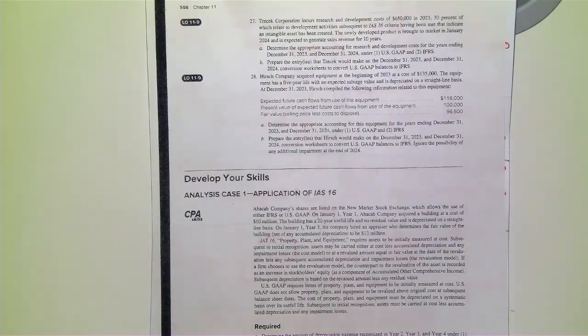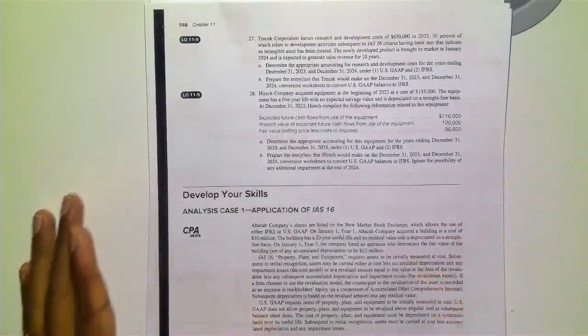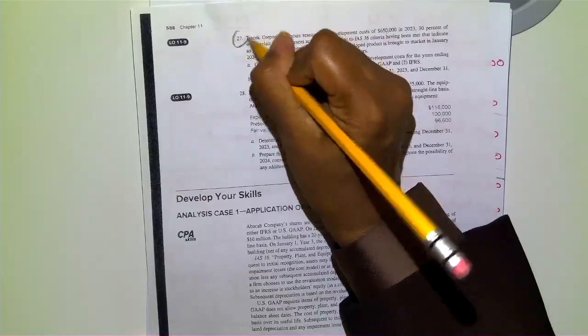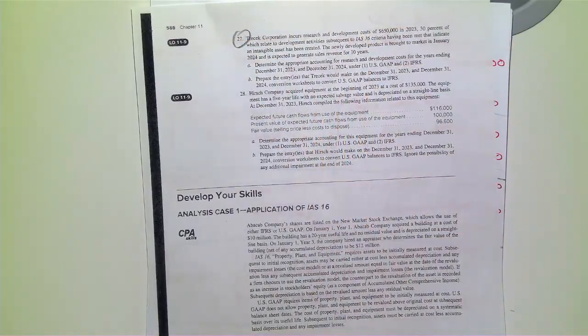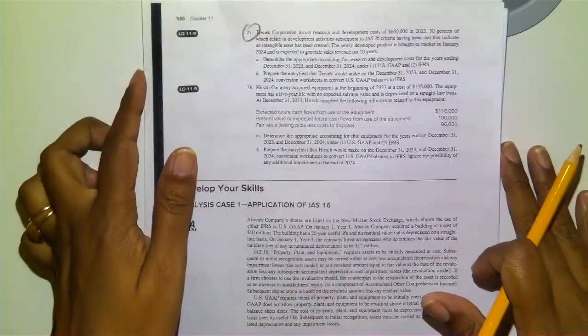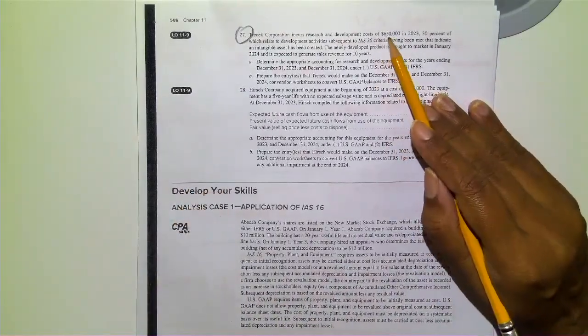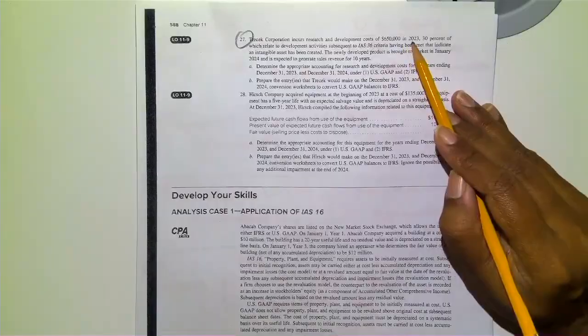So let's read the problem together again. We'll try to do 2 sets of journal entries, and then we will switch this time from GAAP to IFRS. So let's try to do it. Tresec Corporation incurs R&D cost of $650K in 2023.